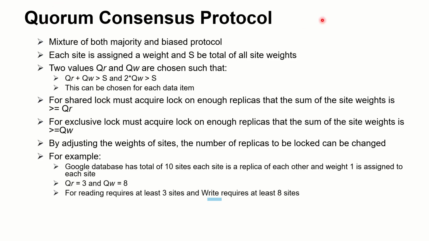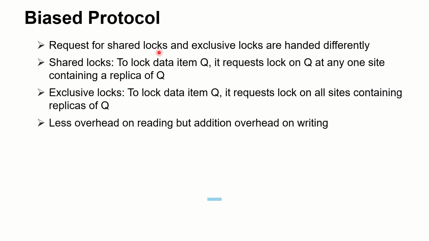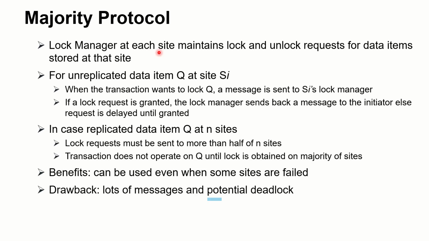Now the quorum consensus protocol comes. It is like both the majority protocol and the biased protocol. The majority protocol has its benefit: if some sites have failed, it will still be running in a perfect state. Its drawbacks were potential deadlock and lots of messages.